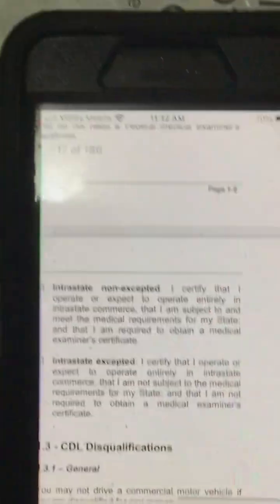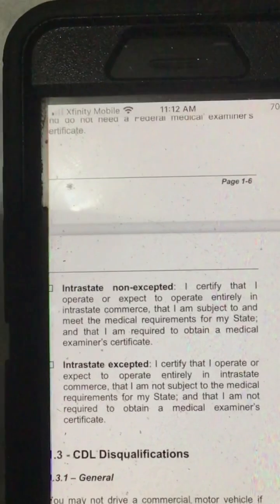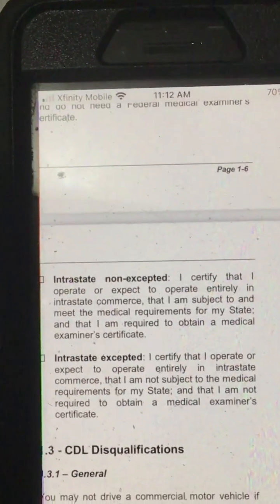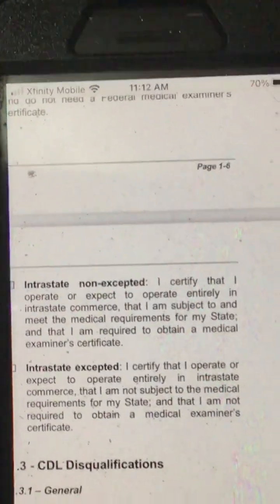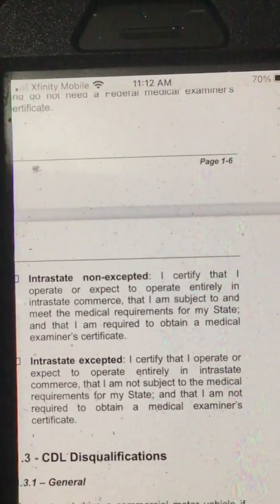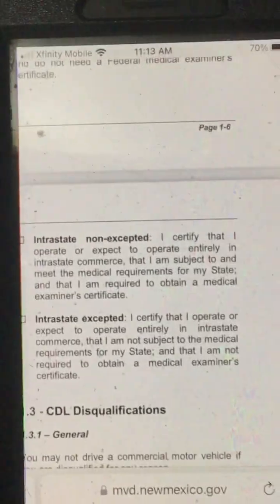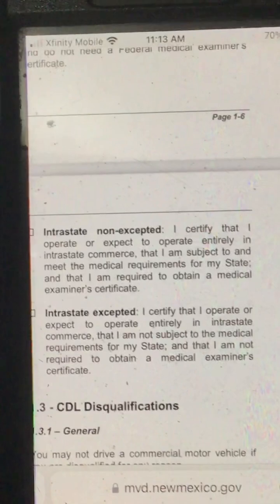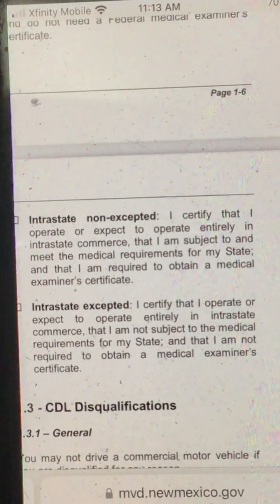Intrastate non-accepted. That's highlighted. I certify that I operate or expect to operate entirely in intrastate commerce, that I am subject to and meet the medical requirements for my state, and that I am required to obtain a medical examiner certificate. Intrastate accepted.